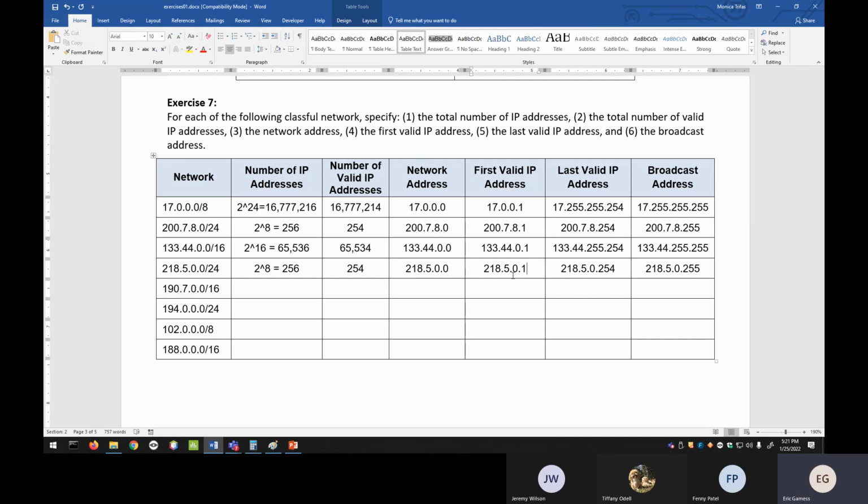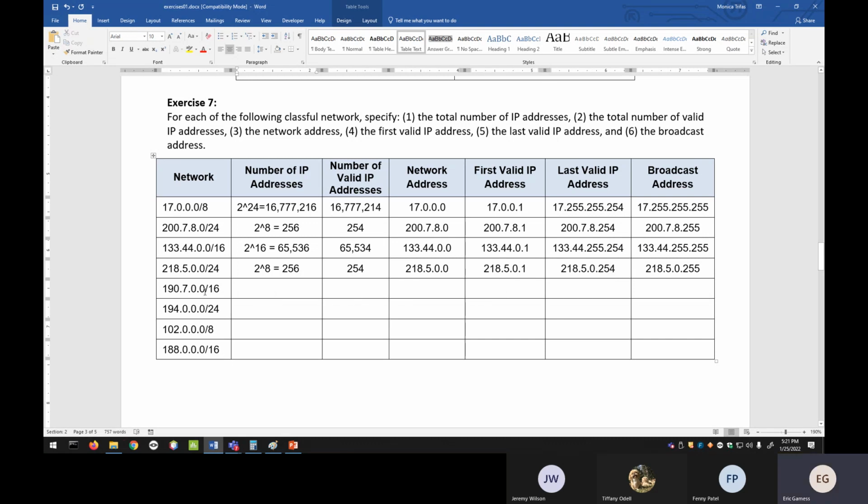So remember, only one byte, the last byte, which is 8 bits in total, I can change as I want. So for the first valid IP address, of the 8 bits that I can change, 7 will be in 0 and the very last one in 1. For the last valid IP address, I will put 7 in 1 and the very last one in 0. It gives me 254. Okay?